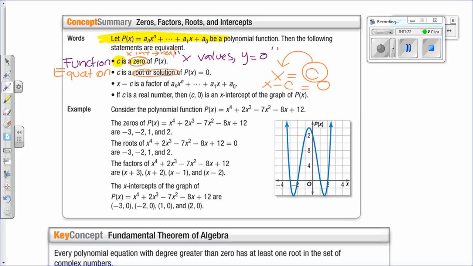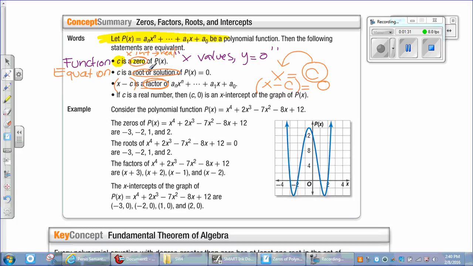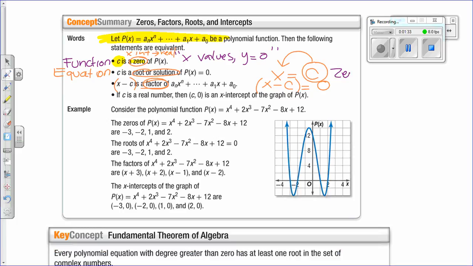So we actually could refer to that expression as a factor. So it is very important that you guys know how to go from a 0 to a factor, and of course, vice versa, from a factor to a 0. The TSI is full of those questions.